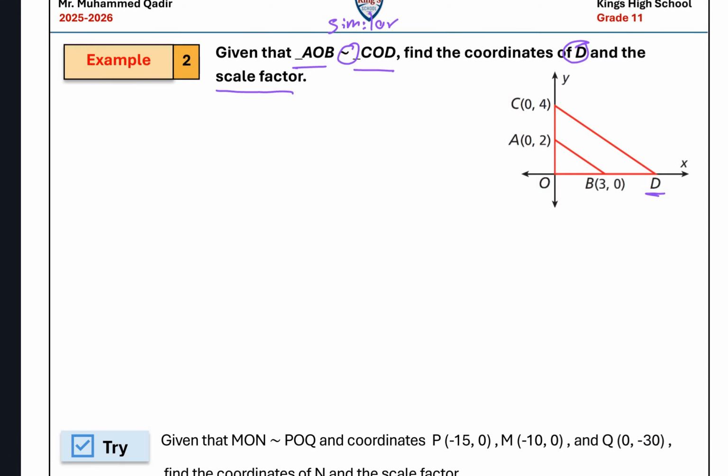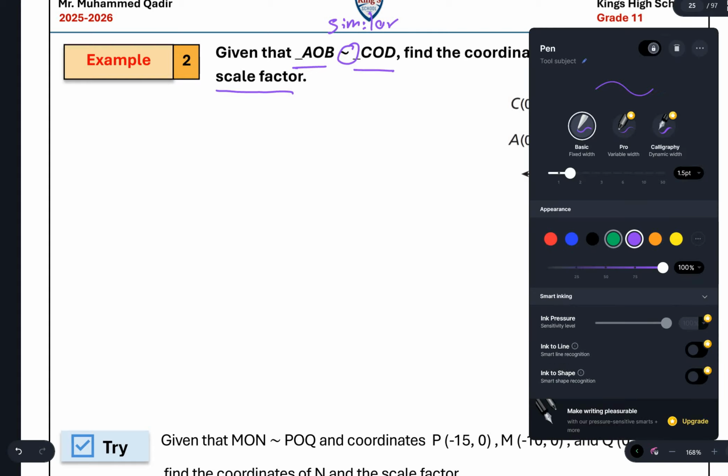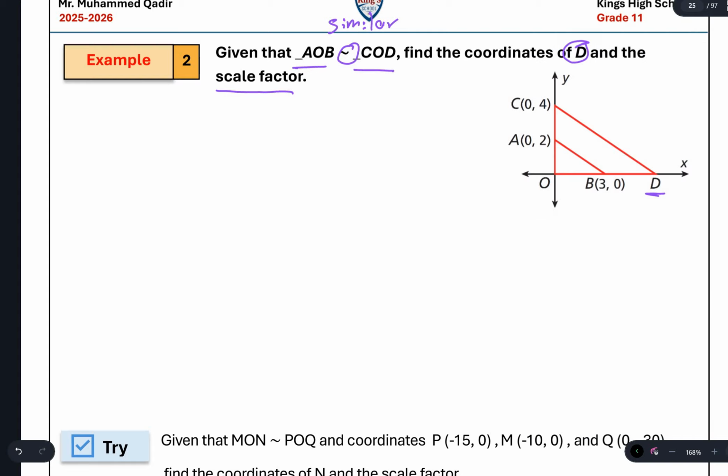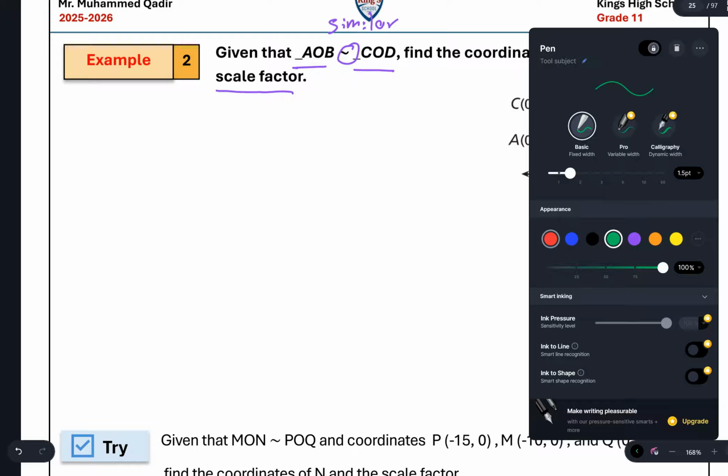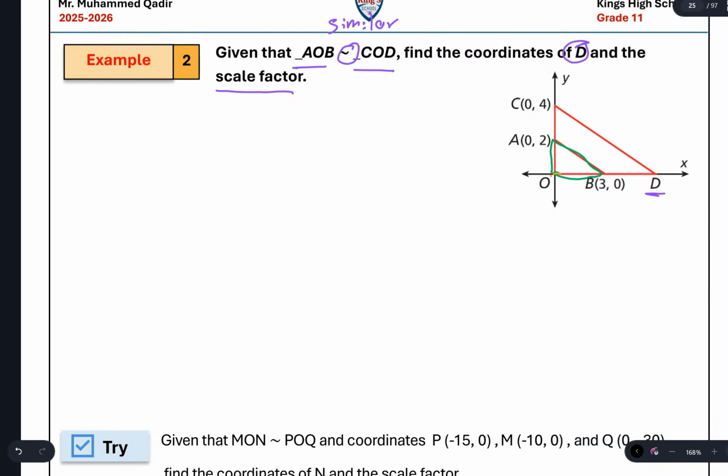Dear students, we have two triangles. The small triangle, which I will show you right now by color, is the green one. And the big triangle is shown in orange. Students, do you see this is the big triangle?